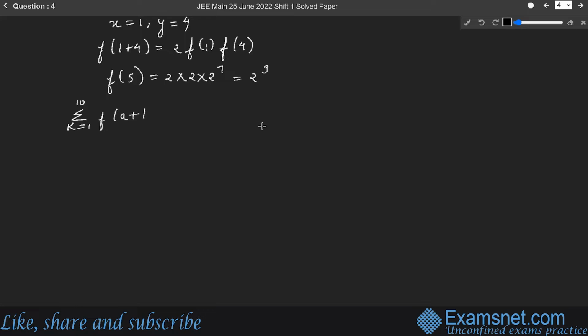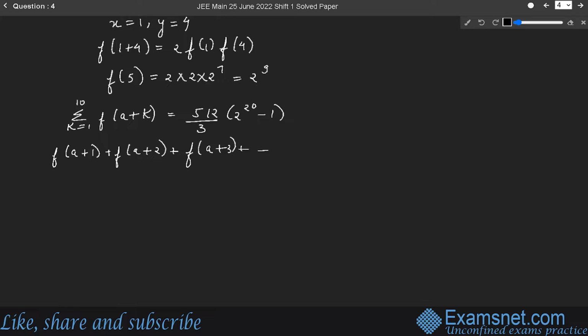It is also given that the summation of k equals 1 to 10 of f(a + k) is equal to 512/3 into (2^20 − 1). Therefore, f(a + 1) + f(a + 2) + f(a + 3) and so on up to f(a + 10) will be equal to 512/3 into (2^20 − 1).